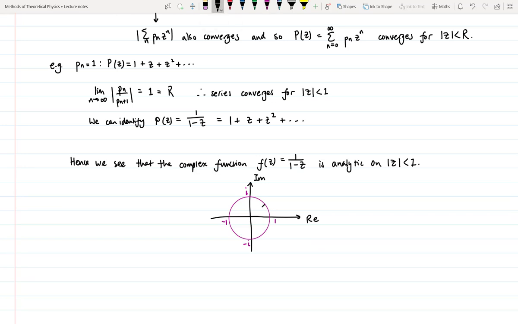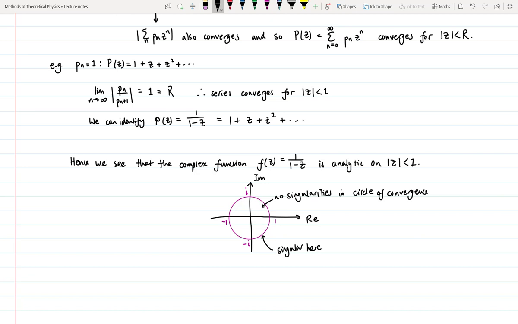And we note there are no singularities in the circle of convergence. However, on the circumference of the circle of convergence, our function f of z is singular. Here it fails to be analytic, and we will see the consequences of this later on in the course.